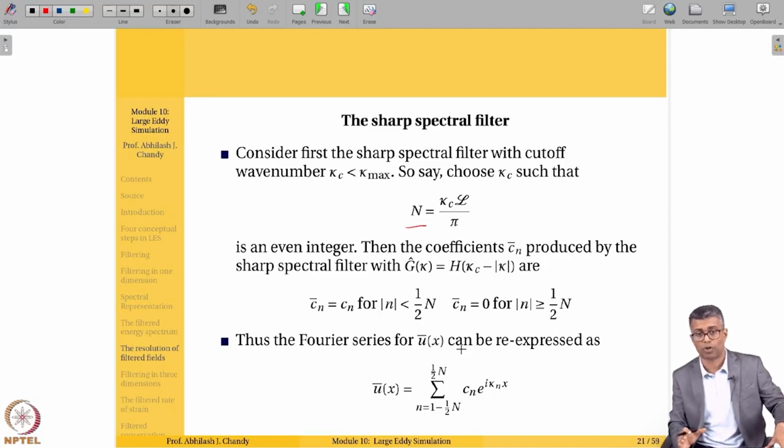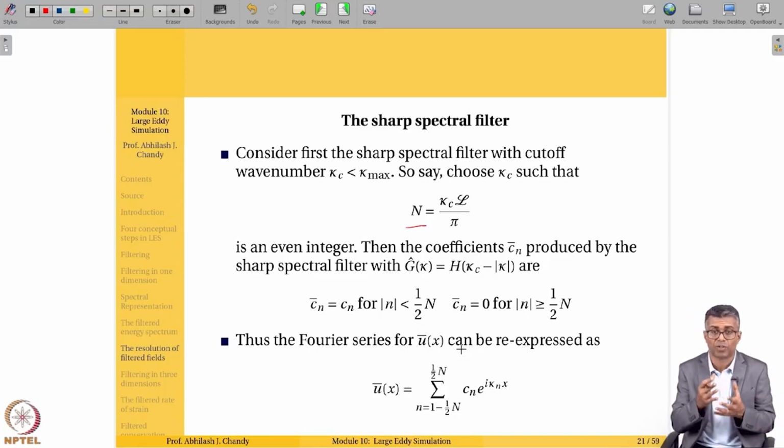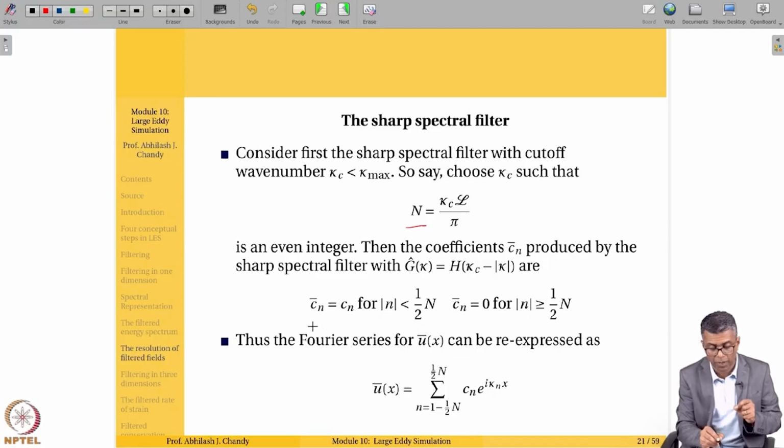We did this in direct numerical simulation. We're doing the same thing here. Because the sharp spectral filter is easier to discuss here and easier to understand in this context, we picked this filter, and you can see how it is easier to make the point that Cn bar is equal to Cn, meaning until kappa c.